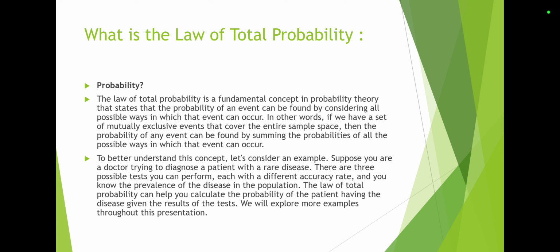And you know the prevalence of the disease in the population. The law of total probability can help you calculate the probability of the patient having the disease given the results of the tests. We will explore more examples throughout this presentation.